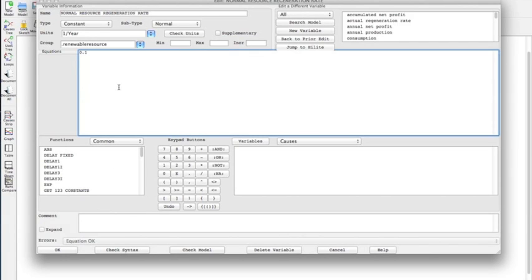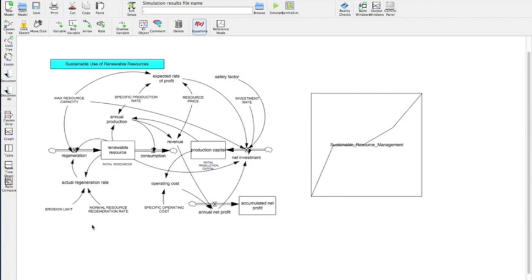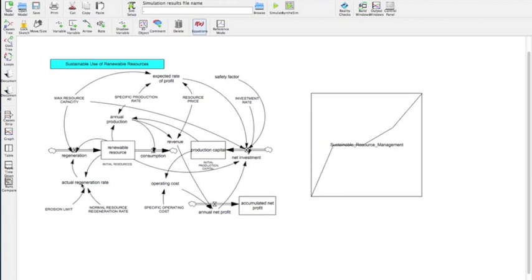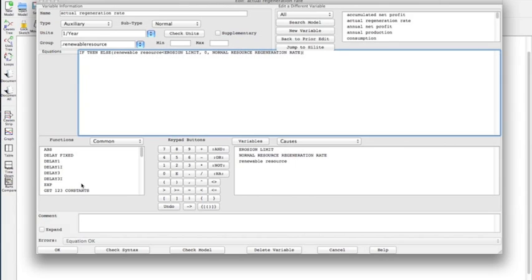This normal regeneration rate would be the regeneration rate in the absence of resource depletion. Okay, so this is like the natural regeneration rate. Here there's an erosion limit that's introduced, and the idea is that if you look at the actual regeneration rate, then it tells you that if your renewable resource falls below some limit, which we're calling the erosion limit, then you really do not regenerate.